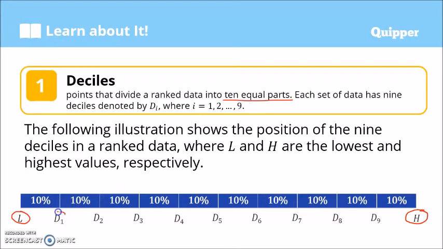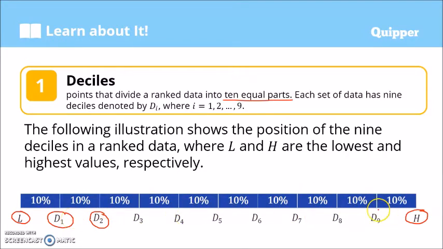So, we have the first decile denoted by D sub 1. That means 10% of the values are below the first decile, and 90% of the values of the data are above D sub 1. And so on. With the second decile, it means that 20% of the data is below the second decile and 80% of the data is above the second decile.